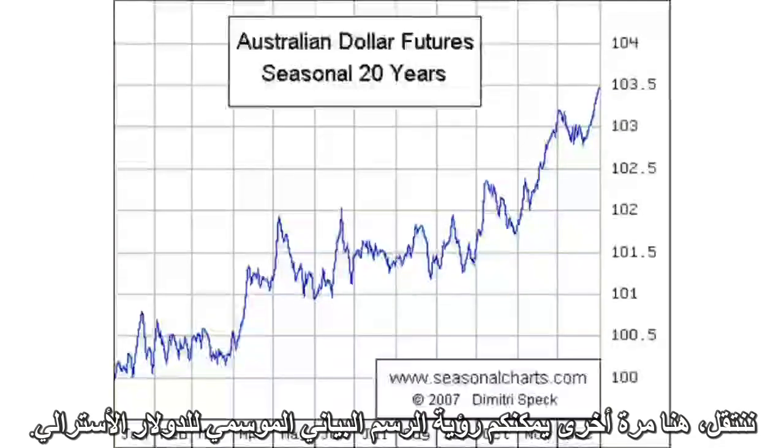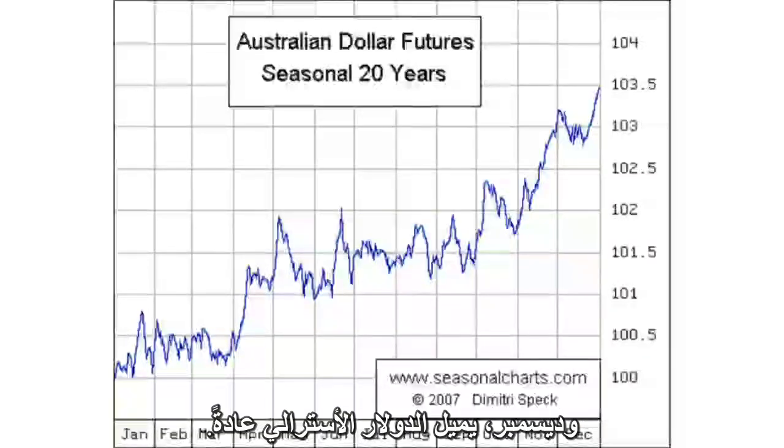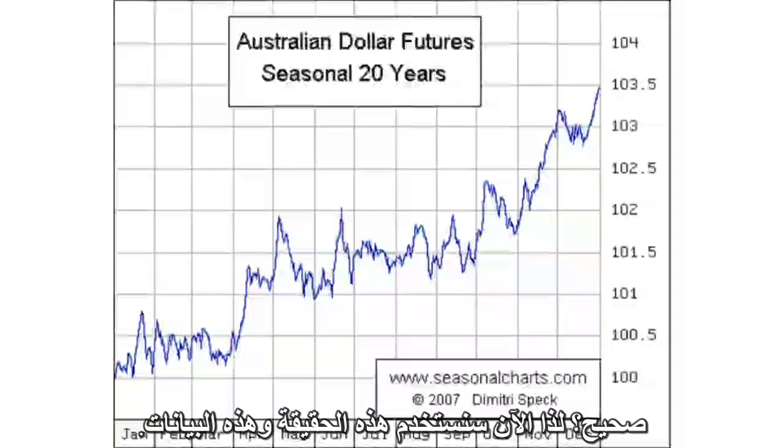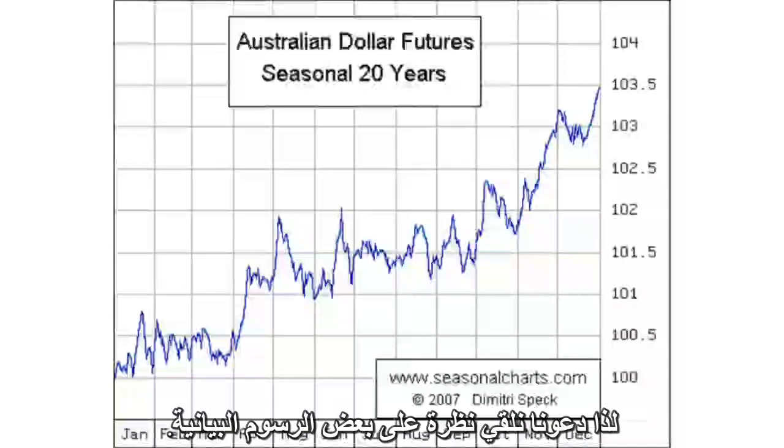Moving on, right here again you can see the Aussie dollar seasonality chart, and as we discussed before, during the last 2 months, November and December, the Aussie dollar usually tends to form higher prices, right? So now we're going to use this data to see how we could have used it. Let's look at some charts.